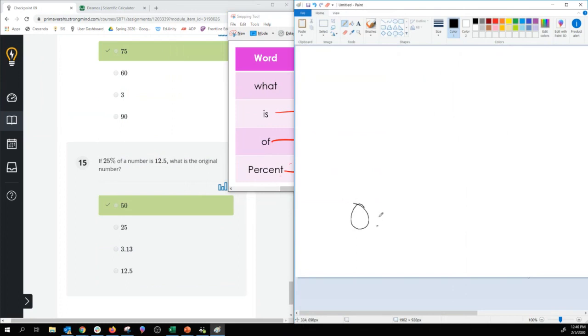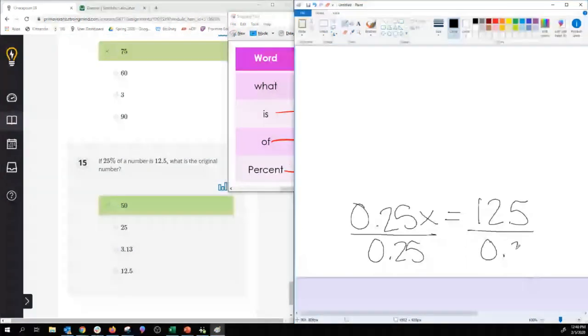Perfect. Then remember, I'm trying to get rid of this 0.25 here, so I need to divide both sides by 0.25. Exactly. And then when you divide it, you should get the 50. Perfect.